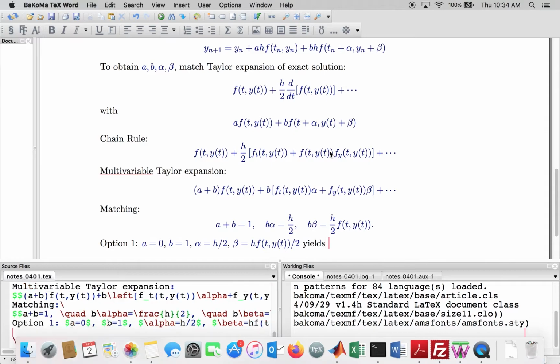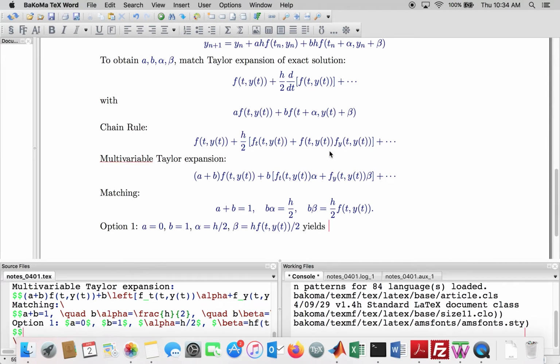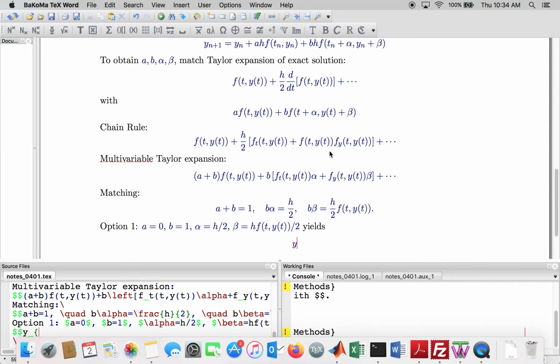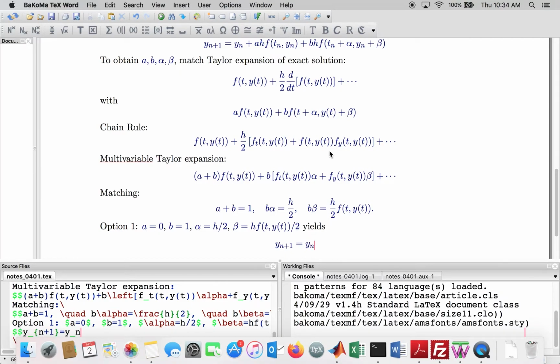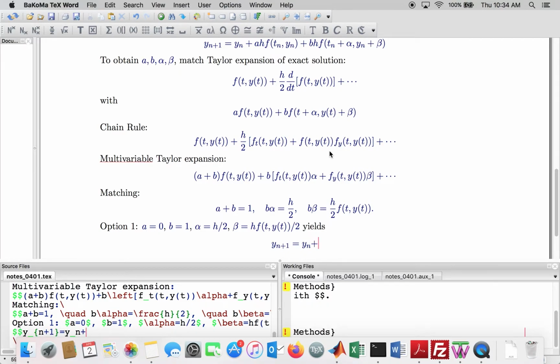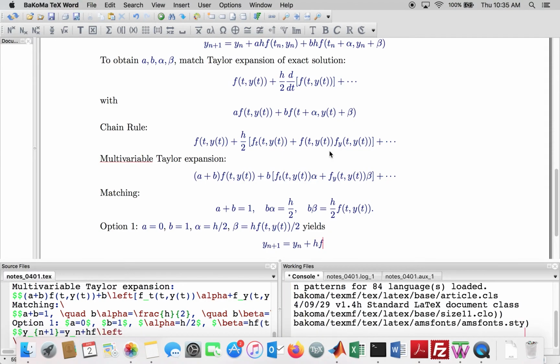And what is the resulting method? So y n plus 1 is equal to y n plus b, which is 1. So then I have hf. So I'm looking up here, tn plus alpha. So that's going to be tn plus h over 2.